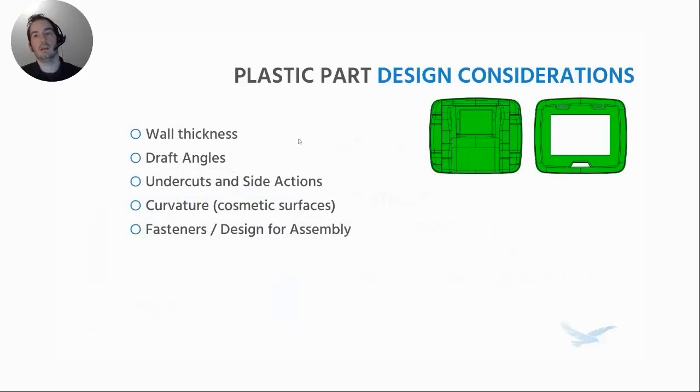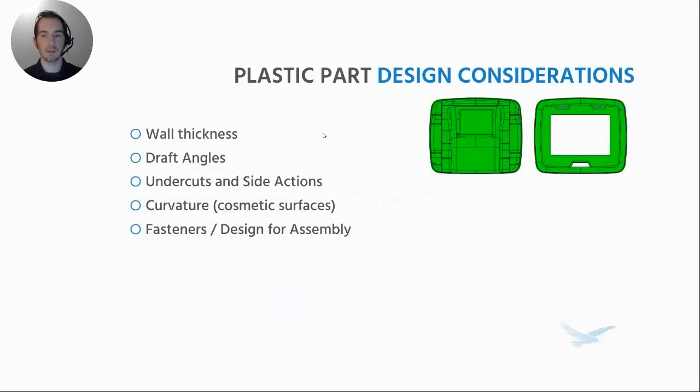We want to have draft, or a taper essentially, on all the vertical side walls so that it releases from the mold properly and we don't get any scratching or cosmetic defects on the surfaces. You need to pay consideration to things like undercuts that we'll talk about more in a minute.